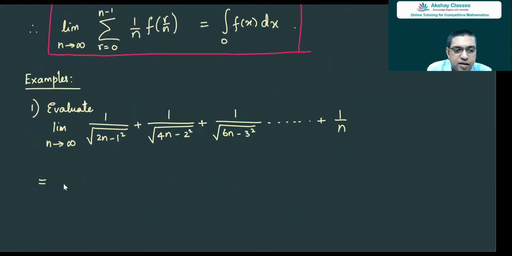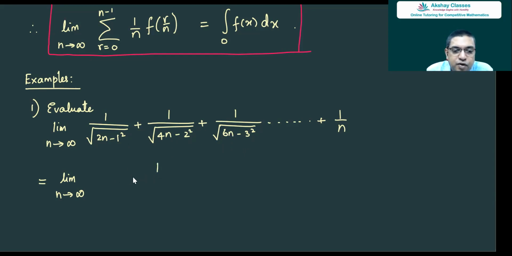So let us write limit n tends to infinity. This is 2 into n. This is 4 into n. This is 6 into n. And here it is 1, 2, 3. So R, here you can take 1. Here you can take 2. Here you can take 3.